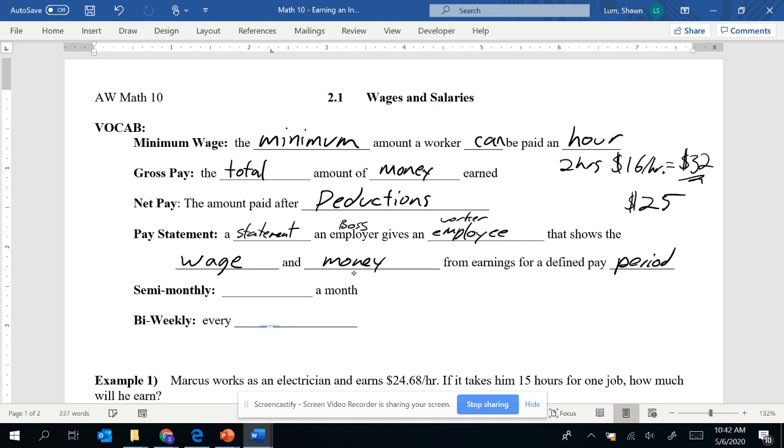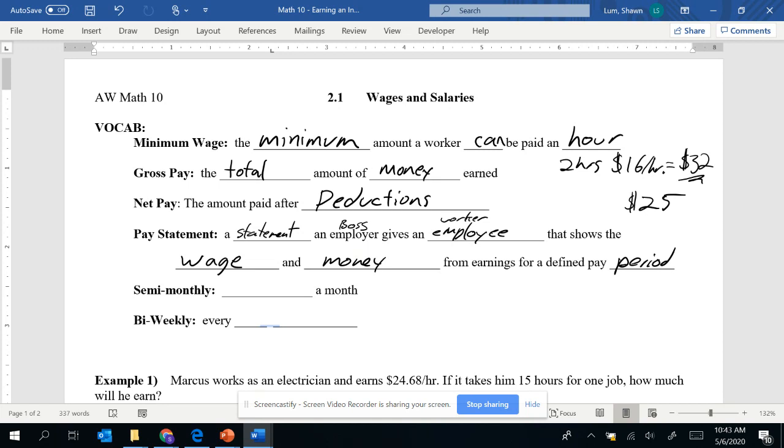So what this means is that when you get your money from a job, you should be getting a pay statement, a piece of paper that shows you why you're getting this much money, how many hours you worked, and between when, what is the pay period? So if it was between March 1st and March 15th, that would be your pay period. And it shows a breakdown of why you're getting the amount that you're getting.